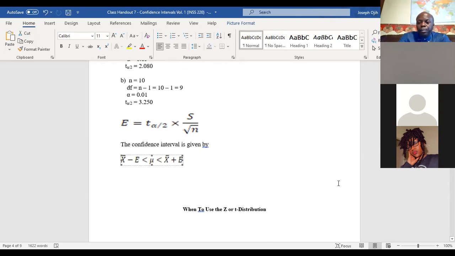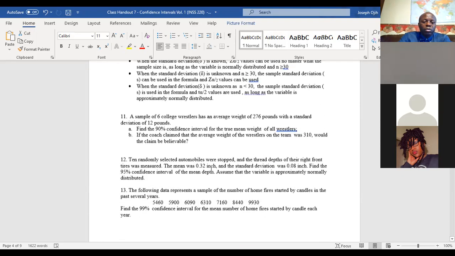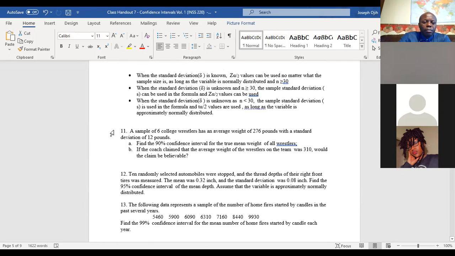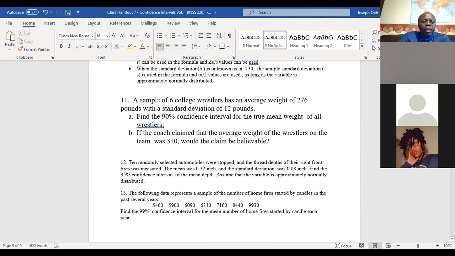So let us do an example here. First of all, find the critical value, find the error margin, then plug it in. It says here: a sample of 6 college wrestlers has an average weight of 276 pounds with a standard deviation of 12 pounds.